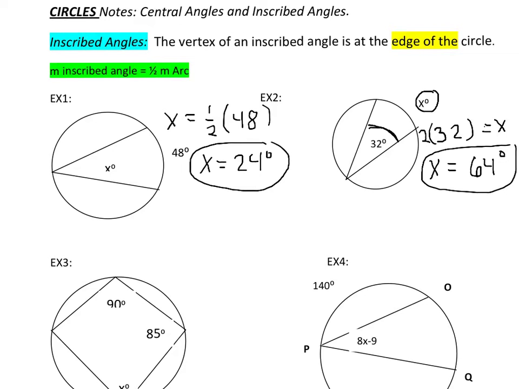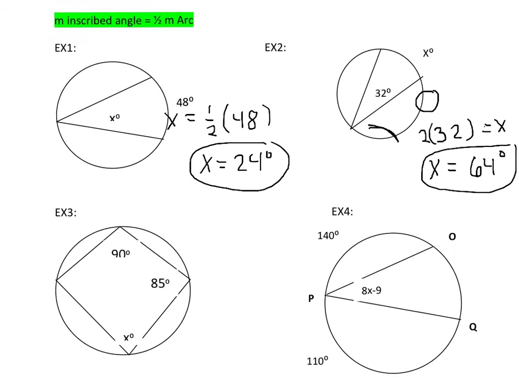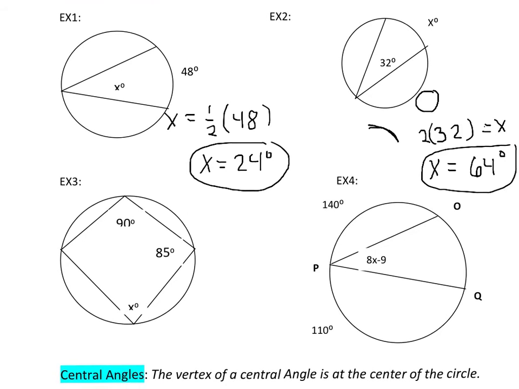Now let's go down to the next problem, and let's pay attention to what we're given in this case. They're saying that this angle is 90, this is 85, and this is angle x, and they want us to find this angle.